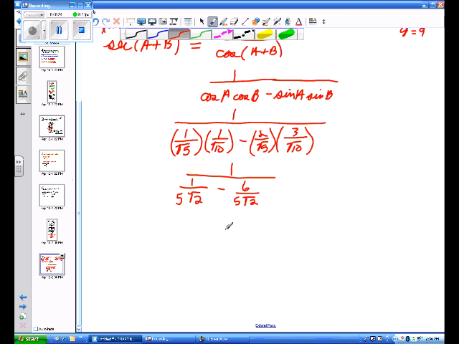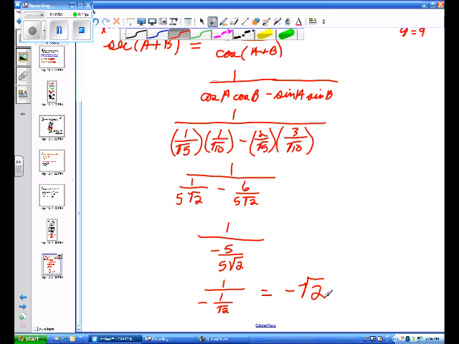So we have 1 over negative 5 over 5 square roots of 2, or 1 over negative 1 over the square root of 2. Now, we're going to do our division, so we'll multiply by the reciprocal. So we have 1 times negative square root of 2, which is negative square root of 2.